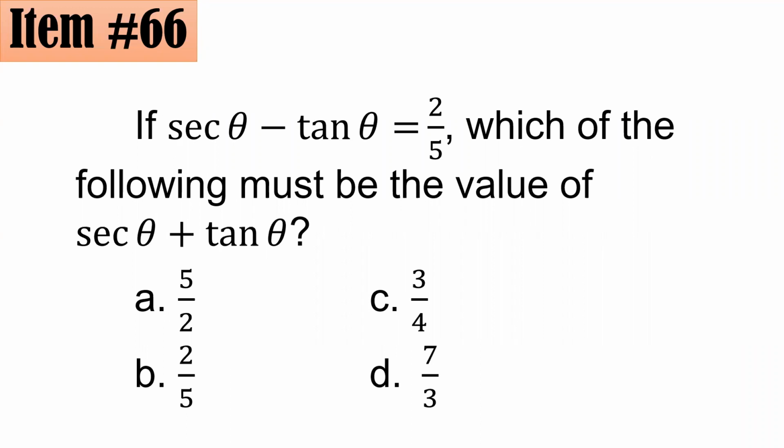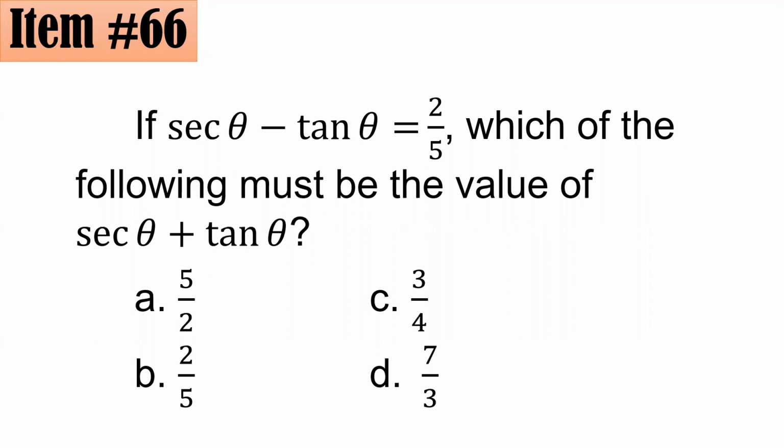All right. Anyone po from the group who could tell us what you did? Anyone po? Sir, I got the value of theta by putting secant theta minus tangent theta equal to 2/5 in the calculator and using shift solve po. Okay, that's good, sir.